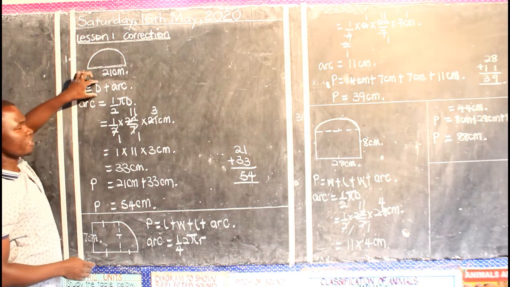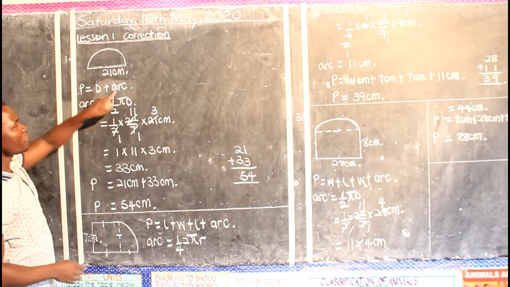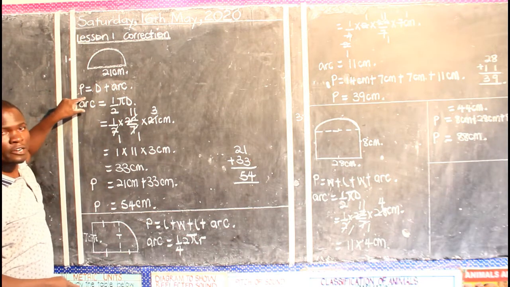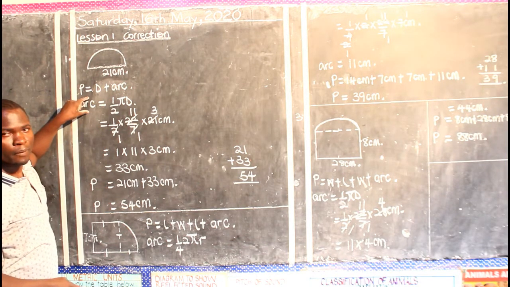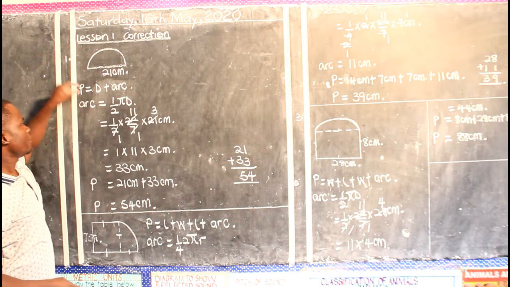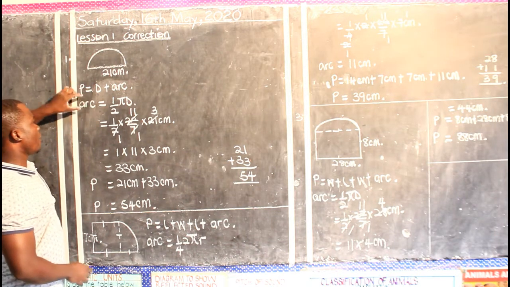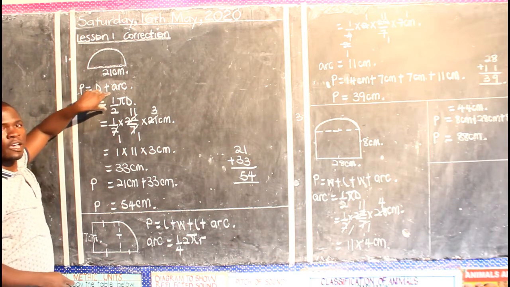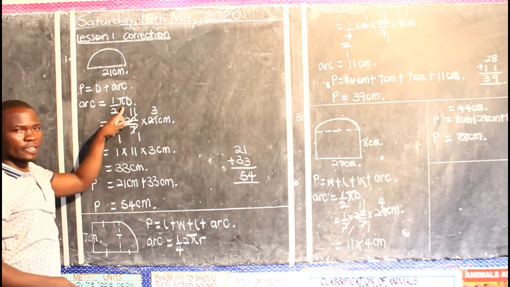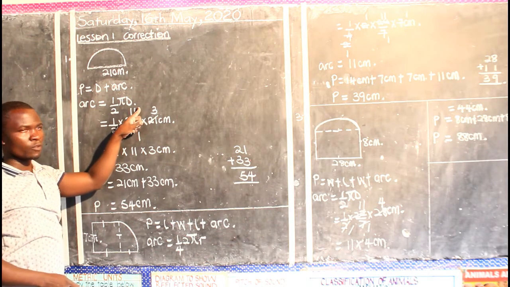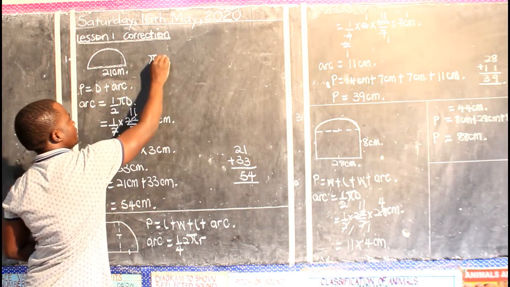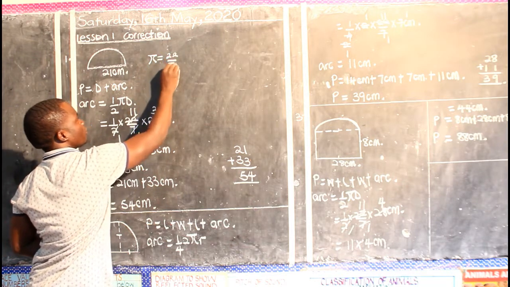And remember, we have the diameter, but we don't have the arc. So you first of all come down and look for the arc. Come down and say perimeter, arc. Get the arc and say arc equals a half pi d, where the pi we are supposed to use is 22 out of 7.